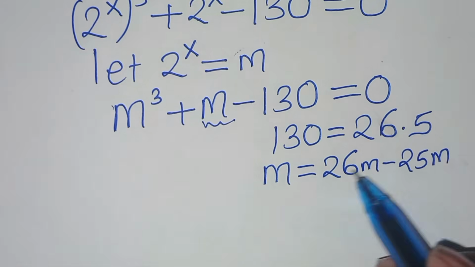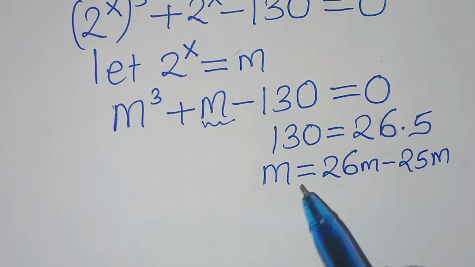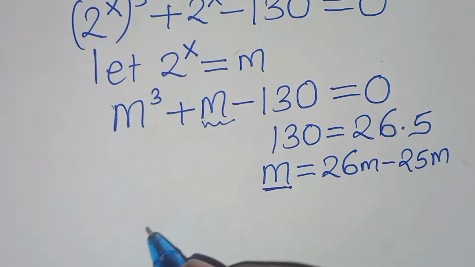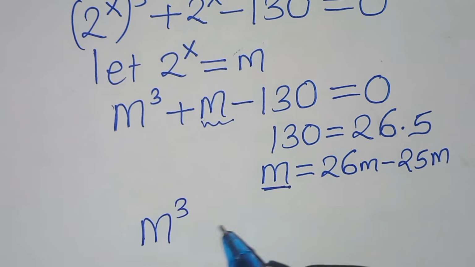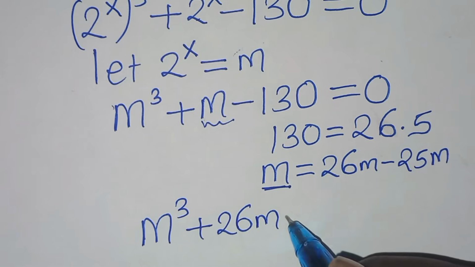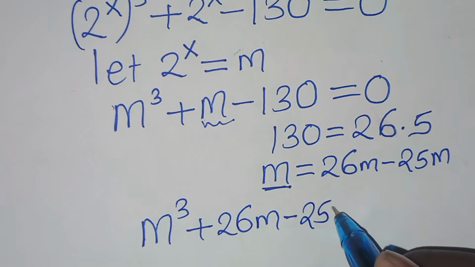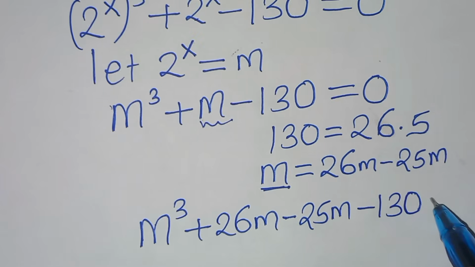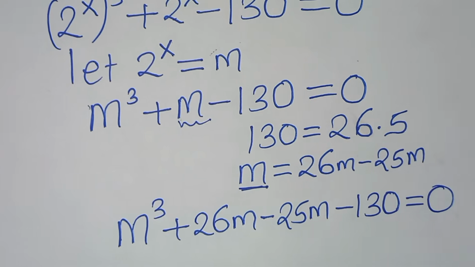If you see 26m minus 25m, this is the same thing as m. So let's substitute here. We have m to the power 3 plus 26m subtract 25m subtract 130. This is equal to 0.